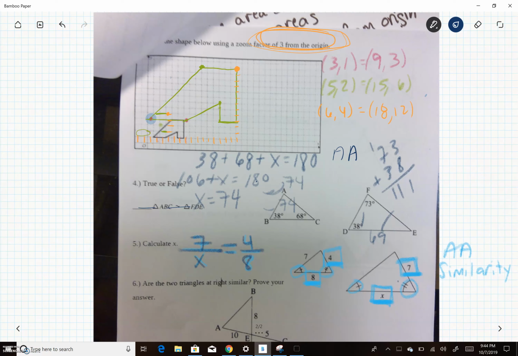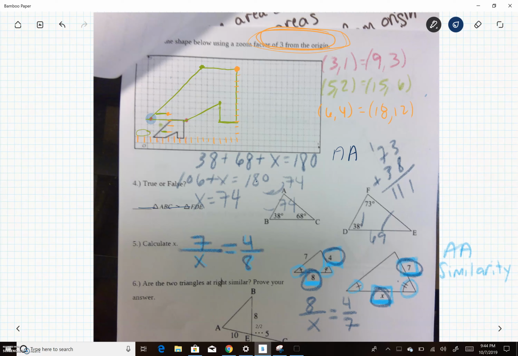We could also say that 8 over x should be equal to 4 over 7. So there's a few different ways you can do this.